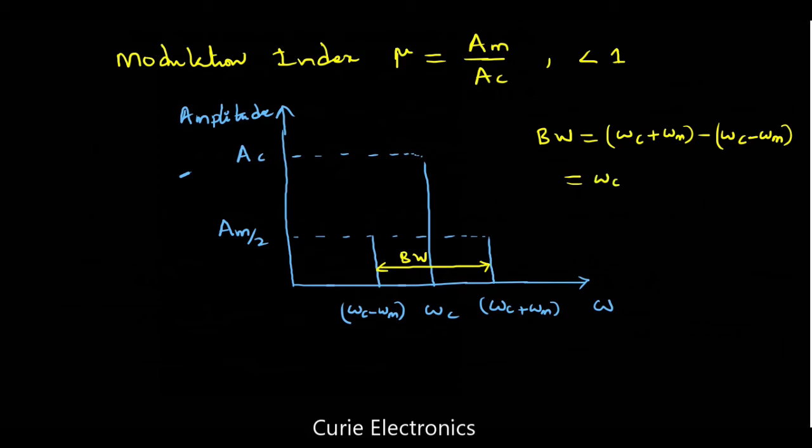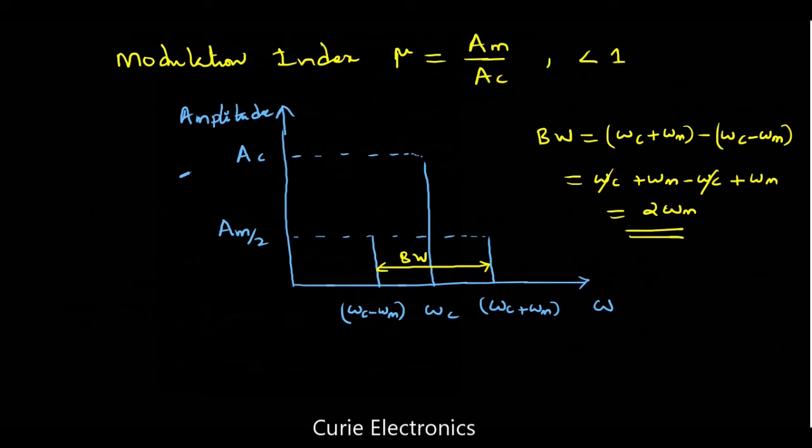If you open the bracket, ωc plus ωm minus ωc plus ωm. So ωc cancels and we get 2ωm. So 2ωm is the bandwidth of the AM wave.